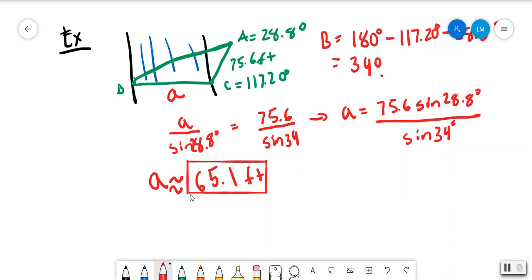Now, note that the example here was actually an application of using angle side angle. Why? Because you were using the two angles and the side.